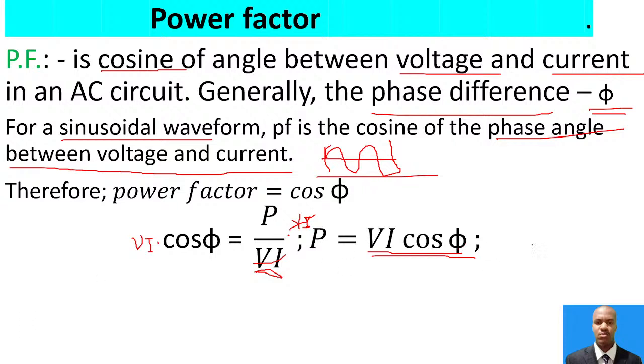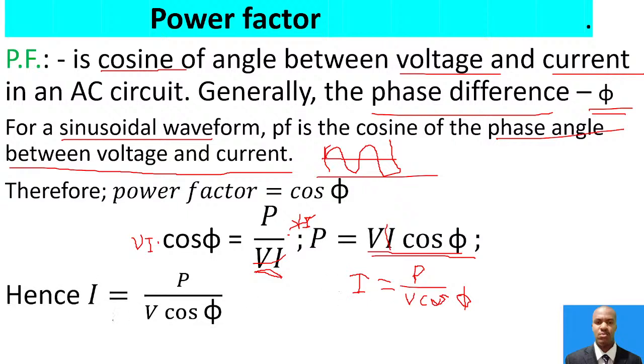From this power we can get our current I by simply saying I is equivalent to the actual power divided by V cosine of theta, and that is simply what we have in here.